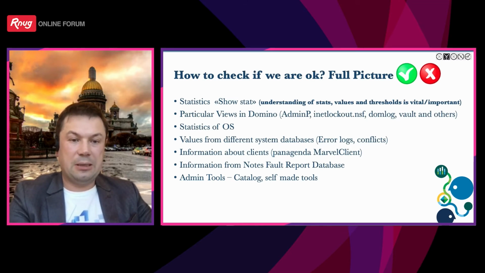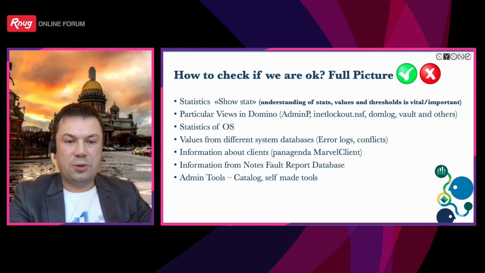We need not only to take a closer look at the stats, we need to understand what they mean. On one server, there are about 4,000 stats, and I would prefer not to look with my eyes and switch between 20 or 50 servers and check everything manually or visually.